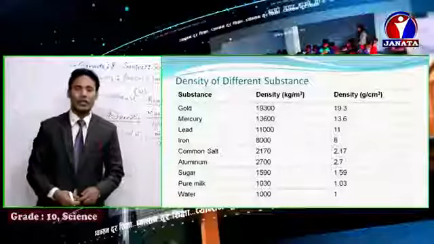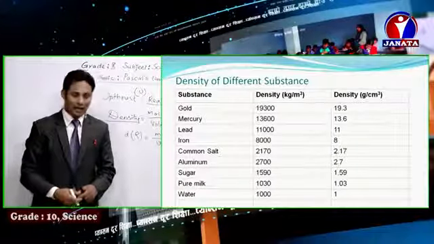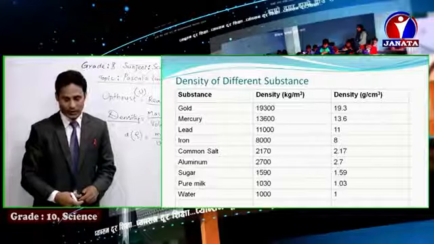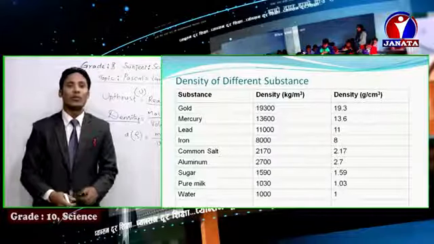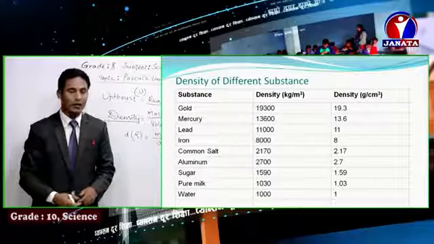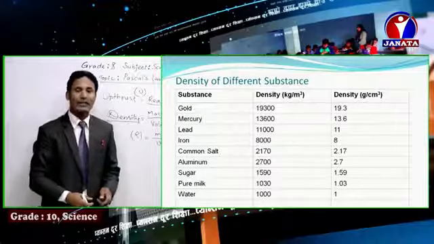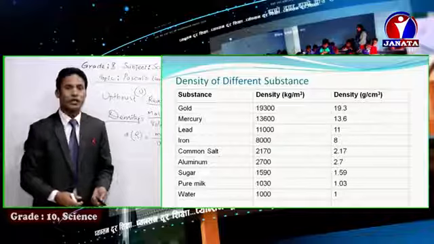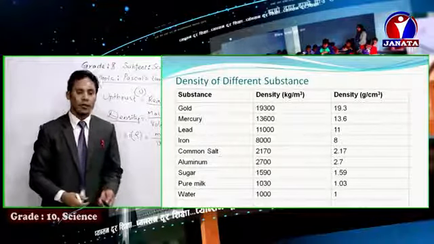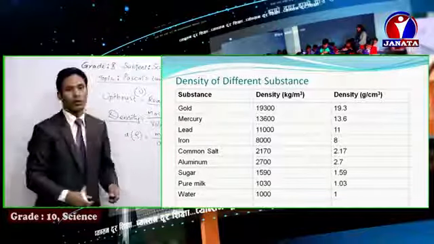For example, the heaviest metal, gold, has a density of 19,300 kg per meter cube, or 19.3 in gram per centimeter cube. Similarly, mercury 13,600, lead 11,000, iron 8,000, common salt 2,170, aluminum 2,700, sugar 1,590. So they are some standard densities of substances.